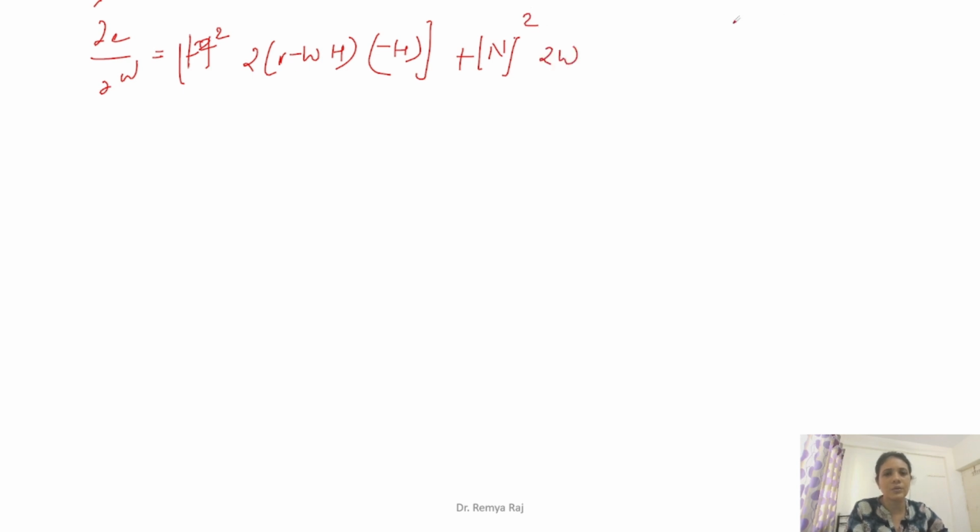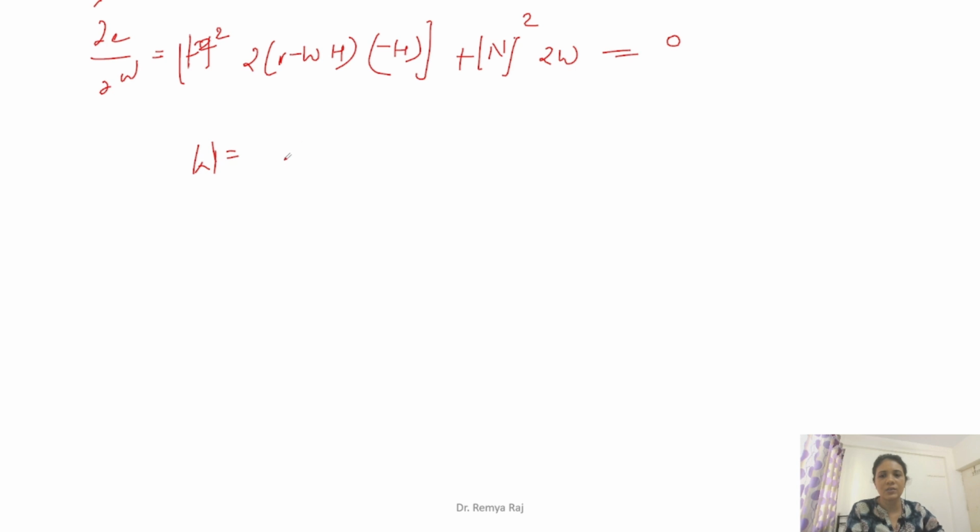So this should be equal to 0. So you multiply everything inside, and if it is equal to 0, from this you can easily find what is W.